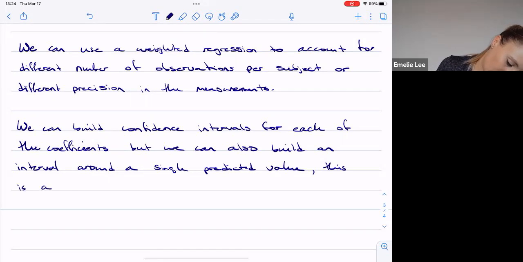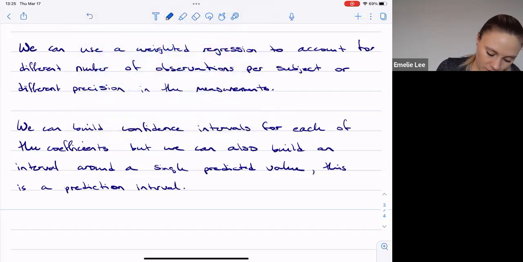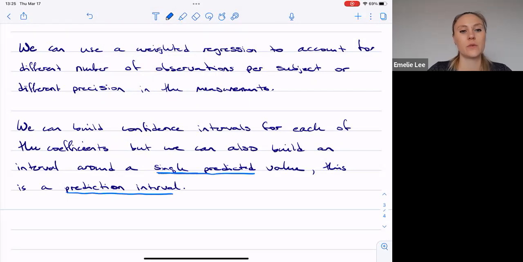This is a prediction interval for a single predicted value.